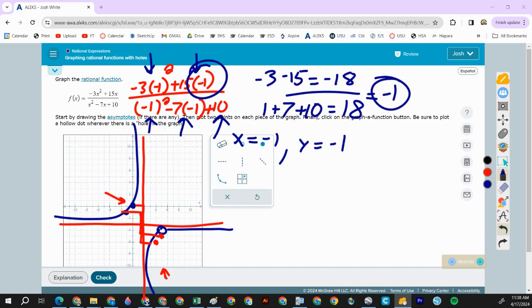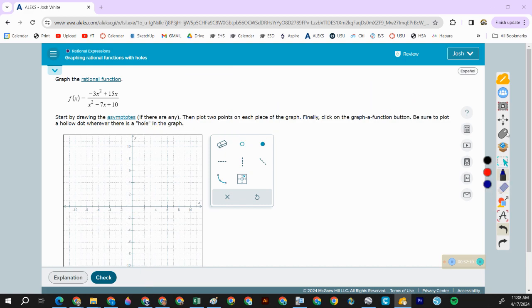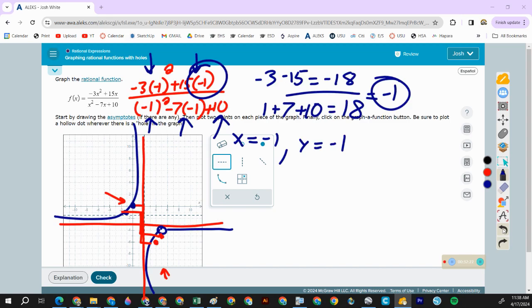So here's how we graph it. All right, so I'm going to put this at 2 and this at negative 3. No, is that right? Sorry. I got that wrong. All right, this at negative 3.